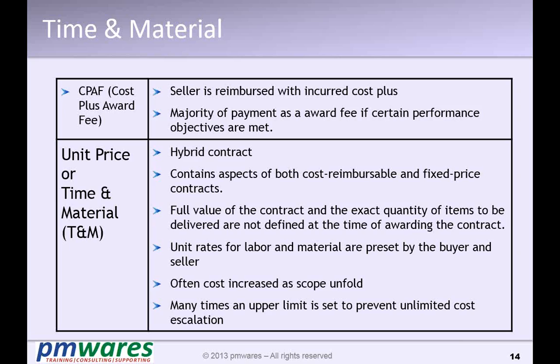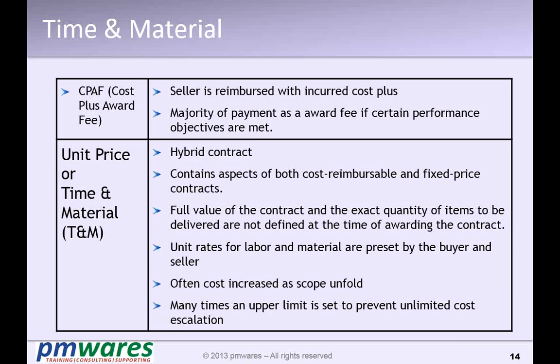Your final cost is not known, like in cost reimbursement. Here also the final cost is not known. It will evolve over a period of time. This could be most risky for the buyer, whereas a fixed price contract is more risky for the vendor.